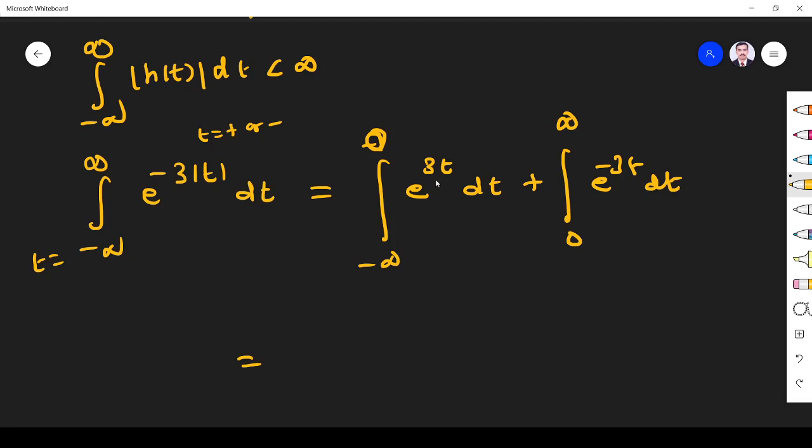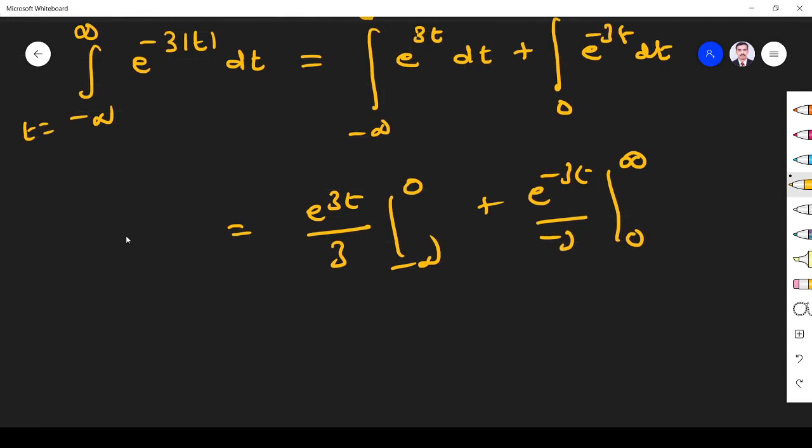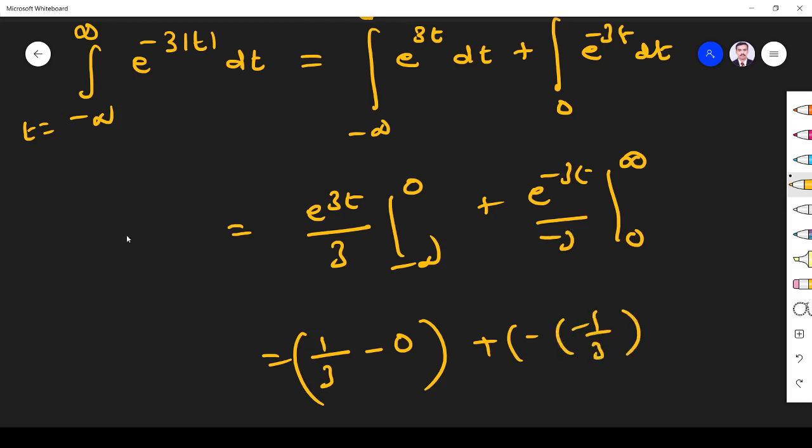If you integrate, we get e power 3t by 3 from minus infinity to 0, plus e power minus 3t divided by minus 3 from 0 to infinity. E power 0 is 1, so 1 by 3, and e power minus infinity is 0. For the second part, e power minus infinity is 0 and minus of e power 0 is minus 1, so with the minus 1 by 3 it gives plus 1 by 3.